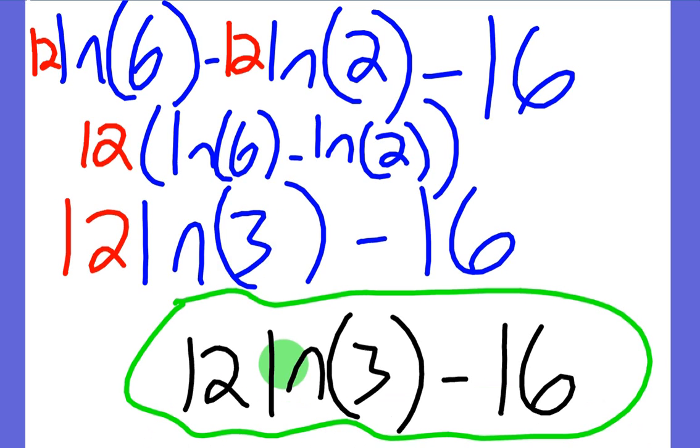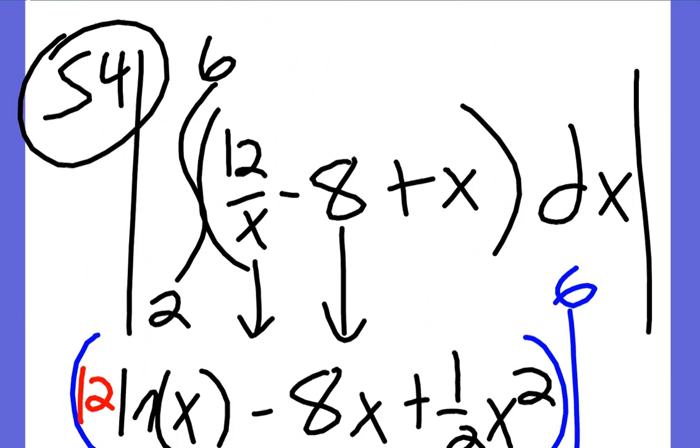I'm not really sure which one is bigger, 12 natural log of 3 or 16. As we saw from the graph, 16 is actually bigger, so we would get a negative number if we did not put these absolute value bars around our final answer.